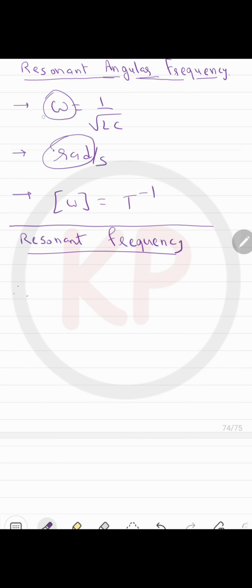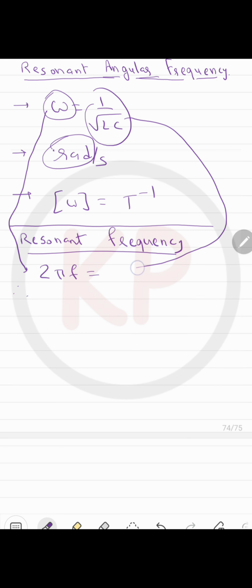This omega can be represented as 2 pi f. I'm writing down the RHS as 1 by root of LC. So therefore the frequency becomes 1 by 2 pi root of LC. As it is a frequency, its unit will be hertz, or second inverse, and its dimensional formula will be T minus 1.